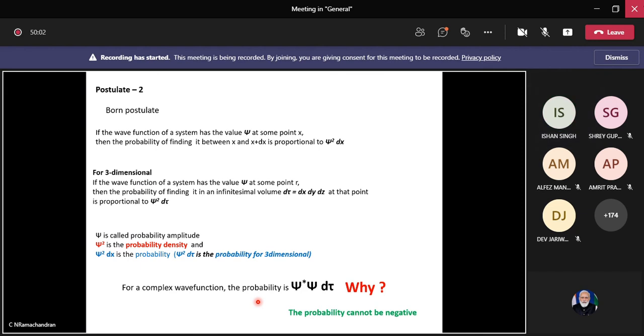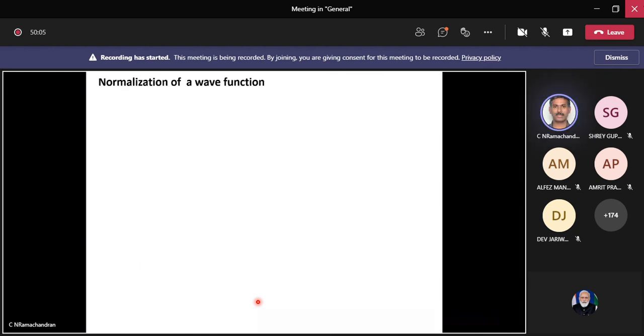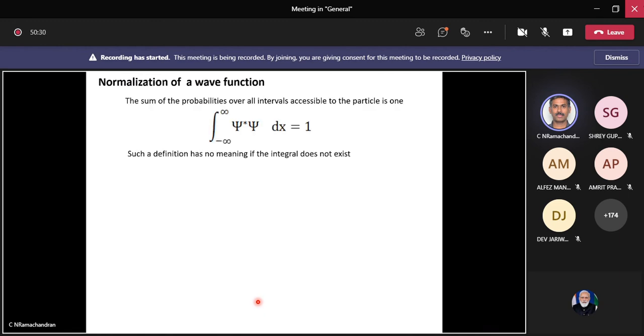Yes, you are correct. So this is a mathematical treatment. We have to use it later, but this is the right time to talk about it. I am writing normalization of a wave function, because there are certain conditions for a function to be an acceptable wave function, which we will discuss later. Normalization is a mathematical technique.